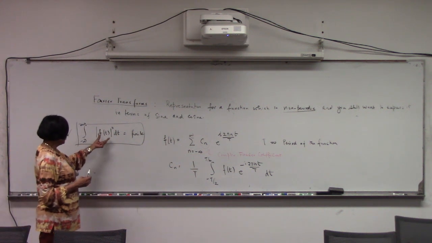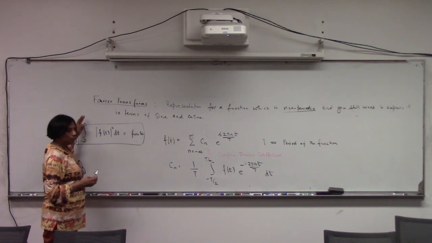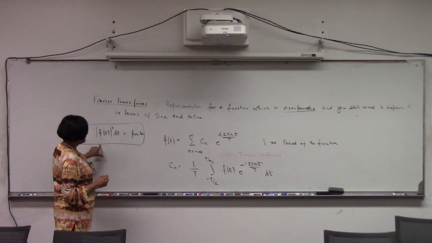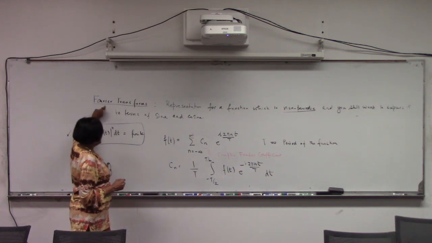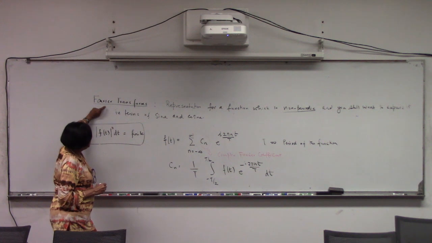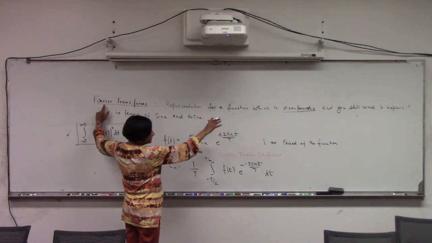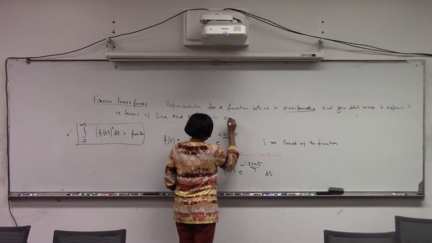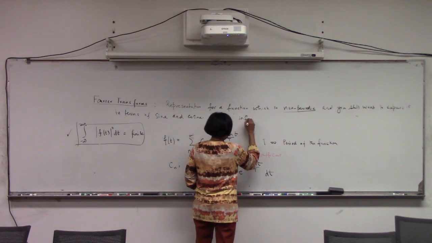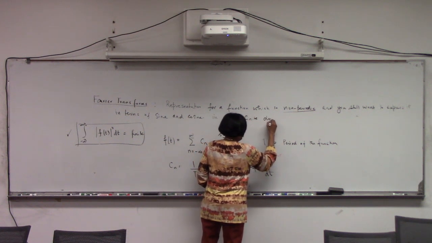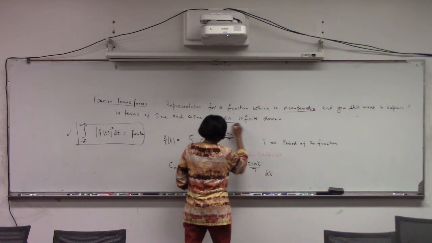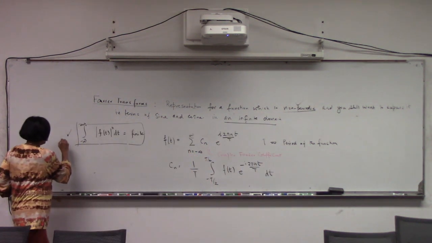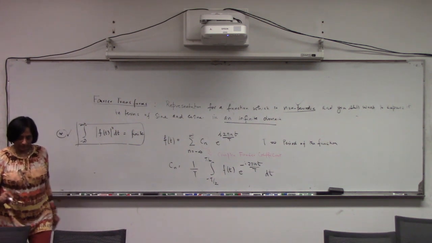So the square modulus of the function integrated over the infinite domain must converge. Okay, so if this condition is satisfied, then we can give a Fourier transform representation of a non-periodic function in terms of sine and cosine in an infinite domain. So that's another word I'm going to add. This is an important word, and this condition has to be satisfied.